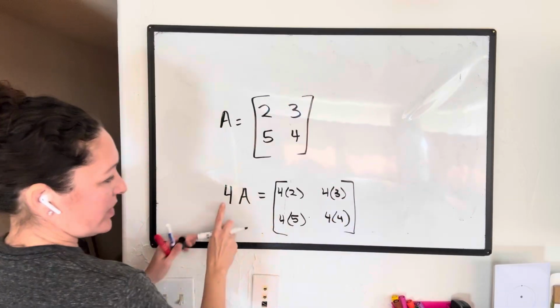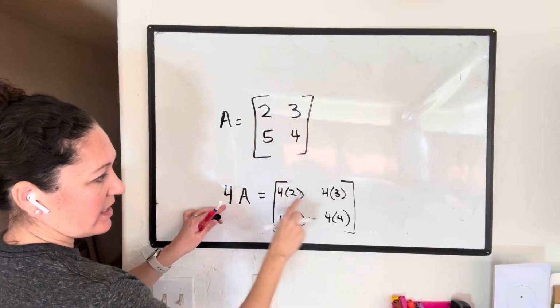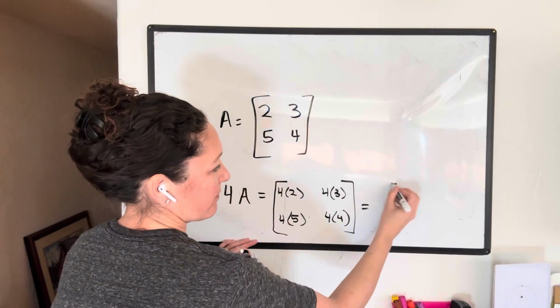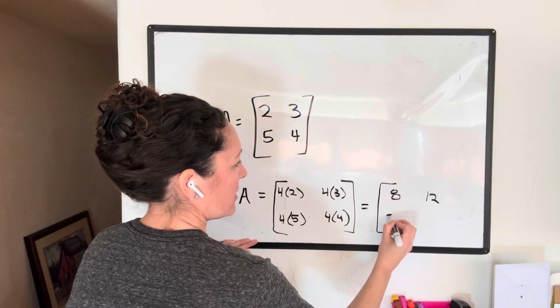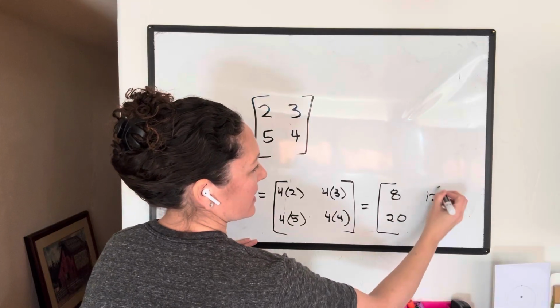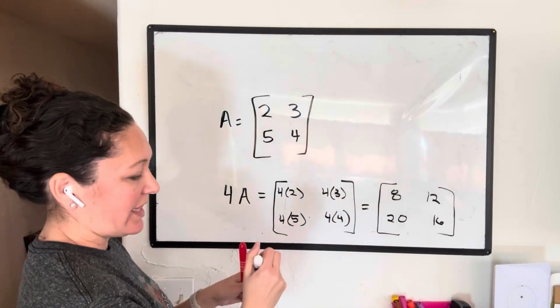So all you're doing is multiplying 4 into each of those elements of the matrix A. And so then if I solve for those, I end up with 8, 12, 20, 16. So there you go. Multiplying, you're just multiplying it out like that.